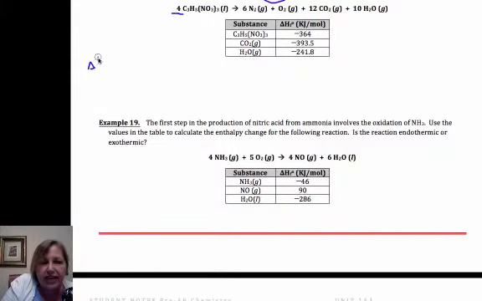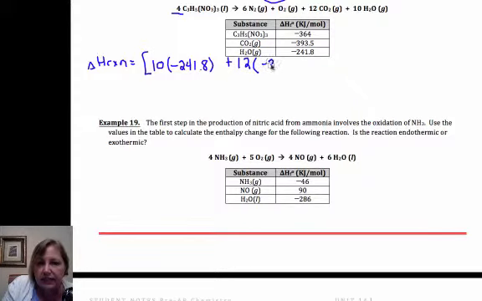So the delta H for this reaction is going to be 10 times the water, which is minus 241.8, just getting it off the table, plus 12 times the carbon dioxide, minus 393.5. The oxygen is 0, and the nitrogen is 0.